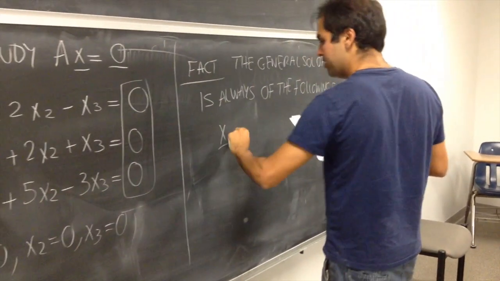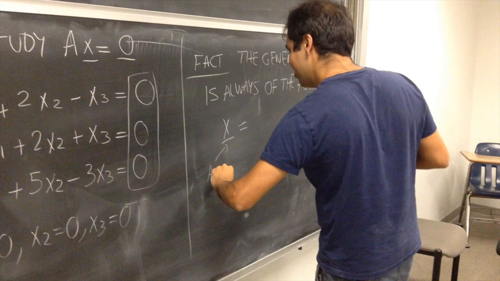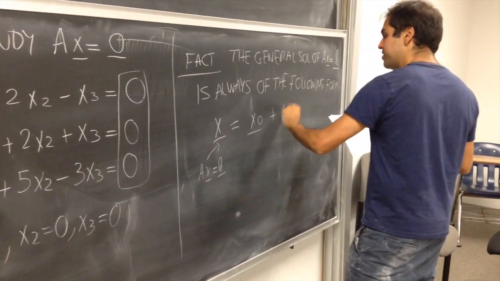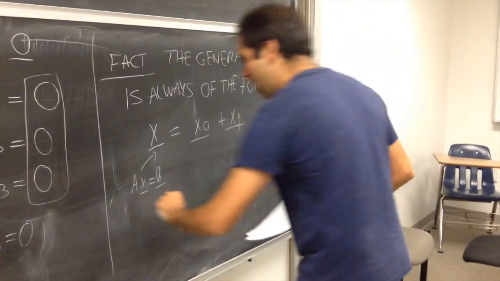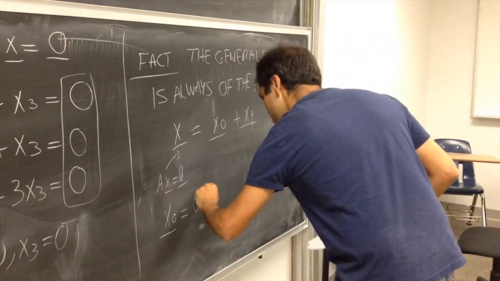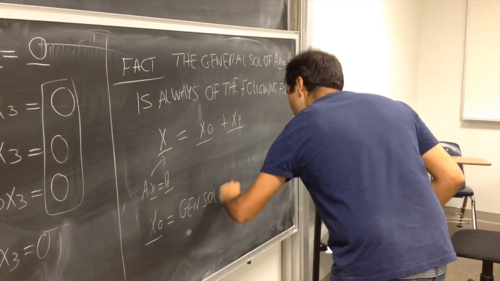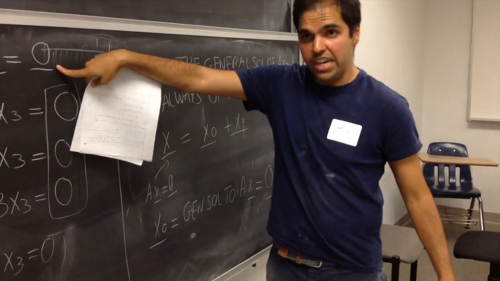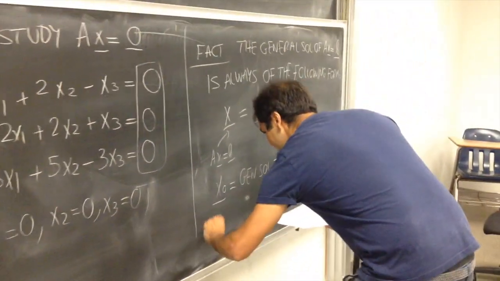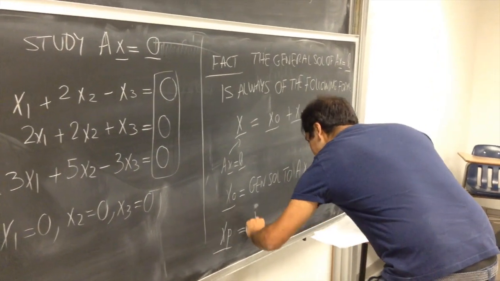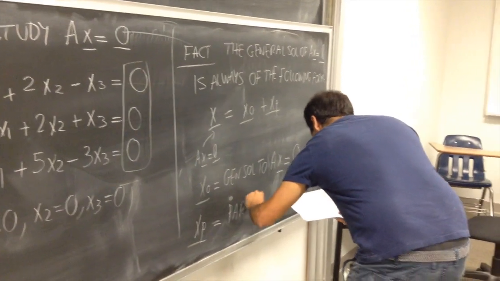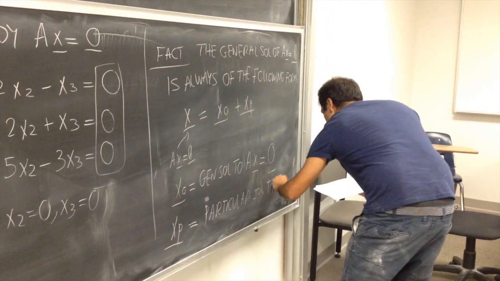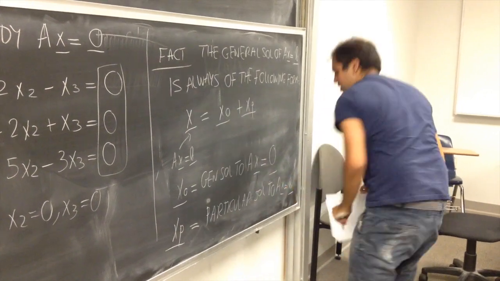Namely, x, again the solution of AX equals B, equals x naught plus xp, where x naught is the general solution to AX equals 0, this equation we talked about, and xp is just a particular solution to AX equals B.